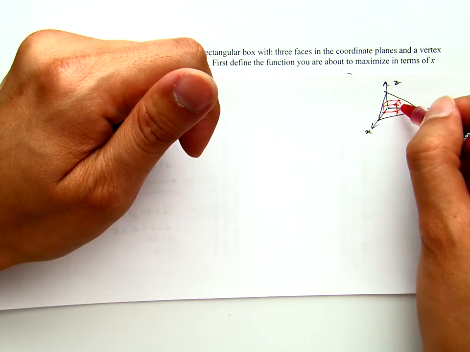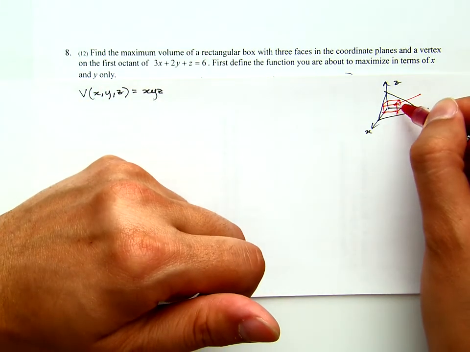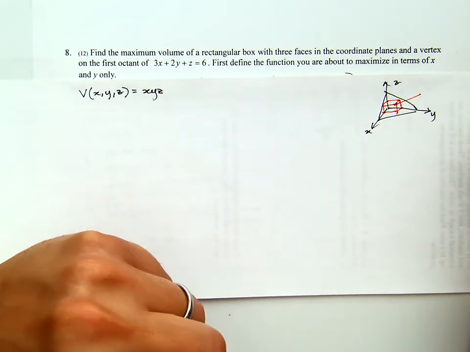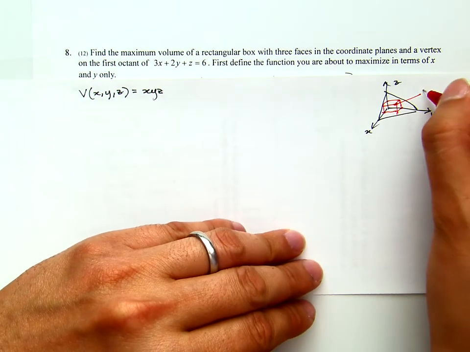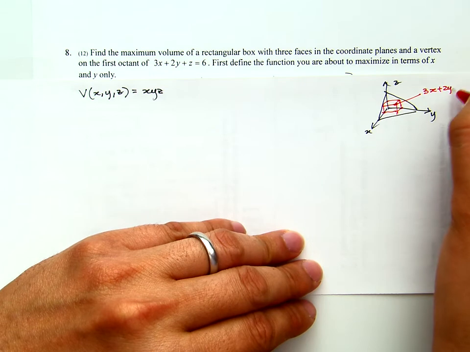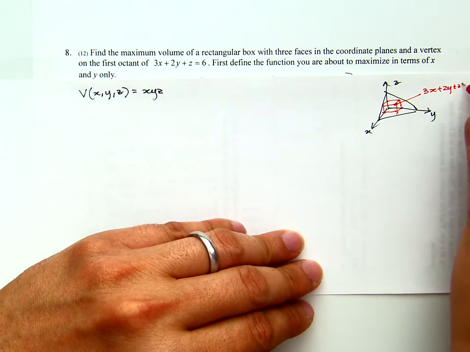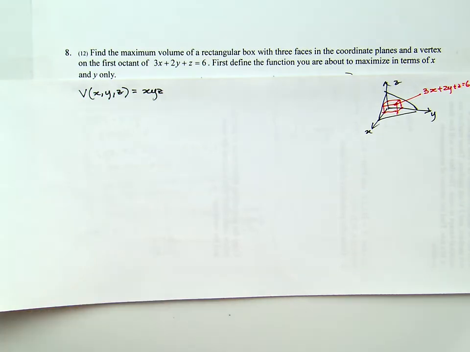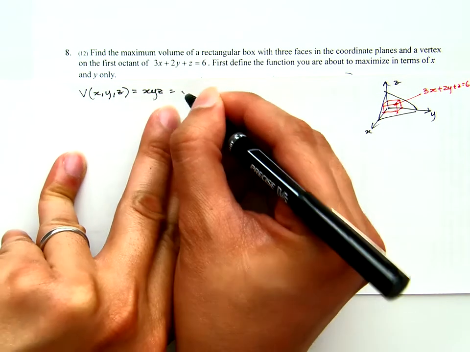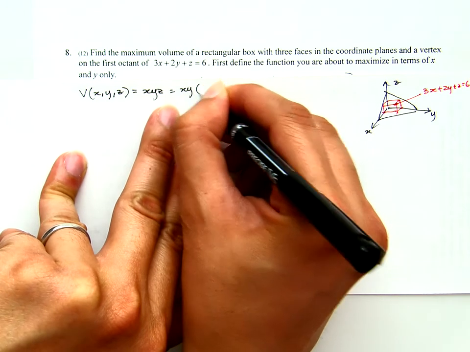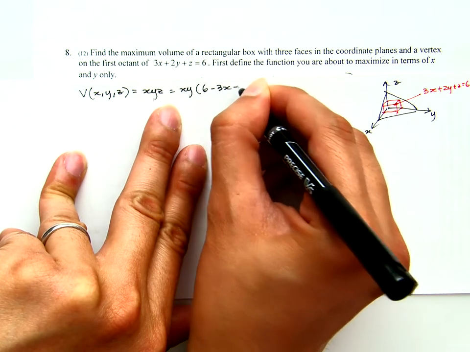Now this point here, the vertex of the box, will be on that plane. But because the question requires you to write the function that we need to maximize in terms of x and y only, I will solve for z, and the volume will be xy times (6 minus 3x minus 2y).